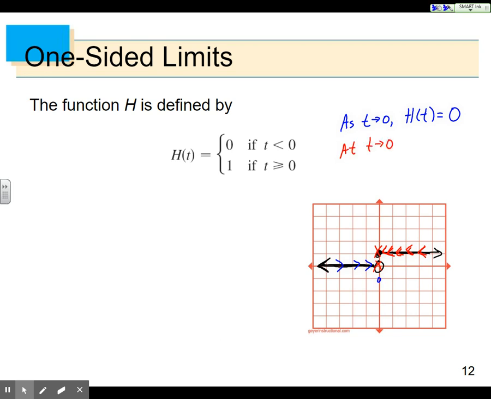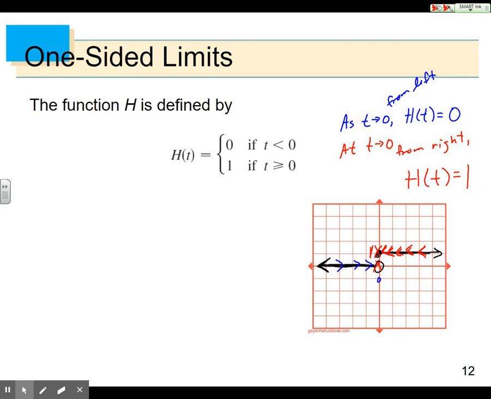I forgot to put from left. And so as t approaches 0 from the right, I see that this Heaviside function is getting closer and closer to this value right here, 1. And so if I think back to my definition, it says that I have to come in to equal a unique number right there in the middle.